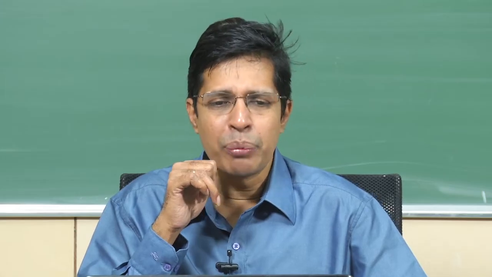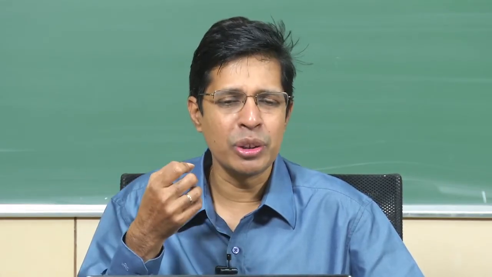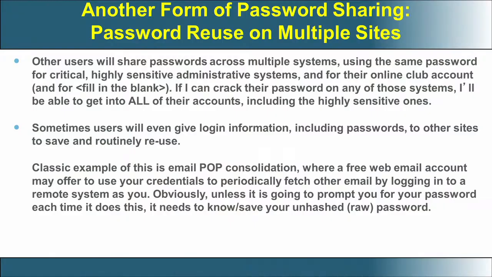Another important problem is that we tend to share passwords across multiple sites. One interesting thing is that when I want to use POP for consolidation of email, I have several email accounts, but I want to see the email in one of those accounts and send the email through one server. So we use this POP consolidation, and when we do this, we actually give one of the email clients the password in an unhashed raw form.